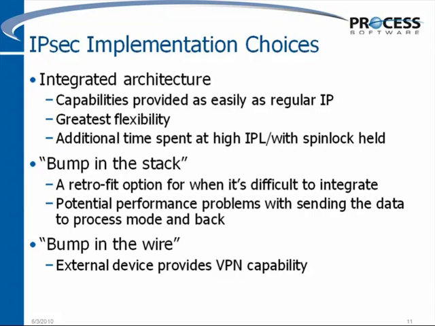You get rid of some of that high IPL time, but you suffer potential performance problems with sending the data out and in again, but it's a good retrofit option when it's difficult to integrate. And a bump in the wire, where you have an external device that provides the encryption and generally provides a VPN capability. This prevents the encryption from having a load on the actual system you're using by putting it elsewhere.